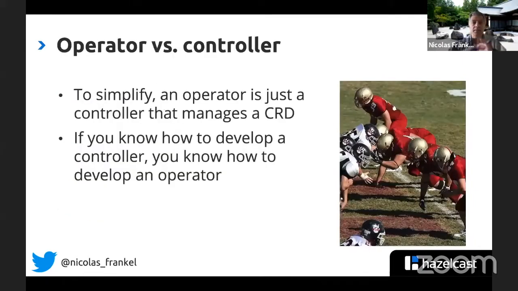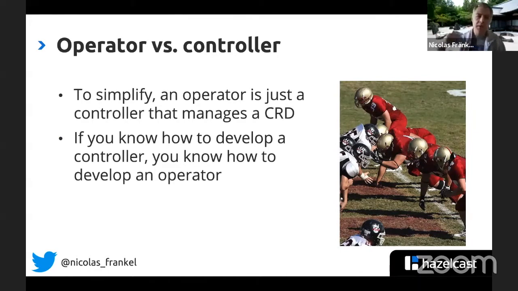So again, if you know how to write a controller, you know how to write an operator. It's just that the resource that you will manage will be a custom resource instead of an out-of-the-box resource.